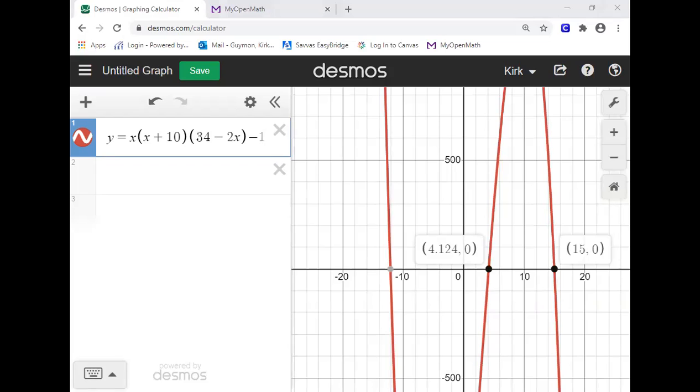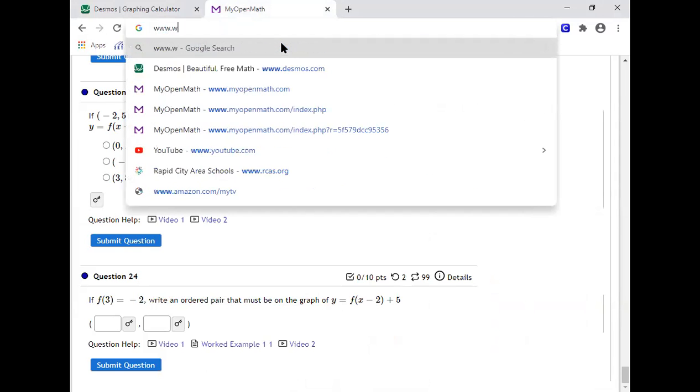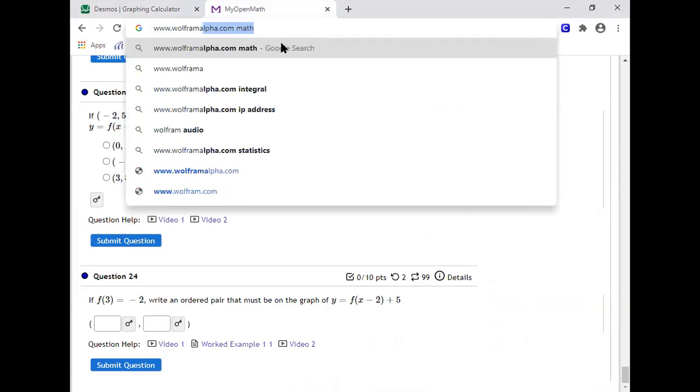Now, there's one other tool that I often like to use, and it's a website called Wolfram Alpha dot com.